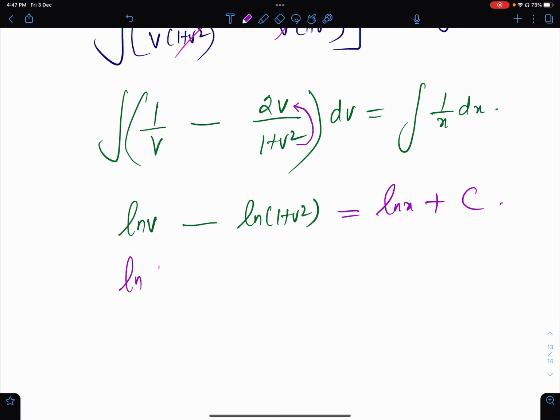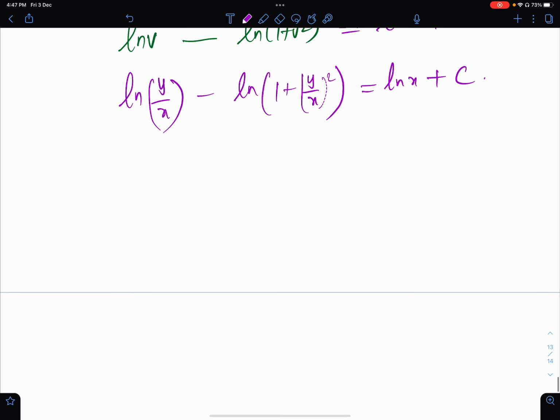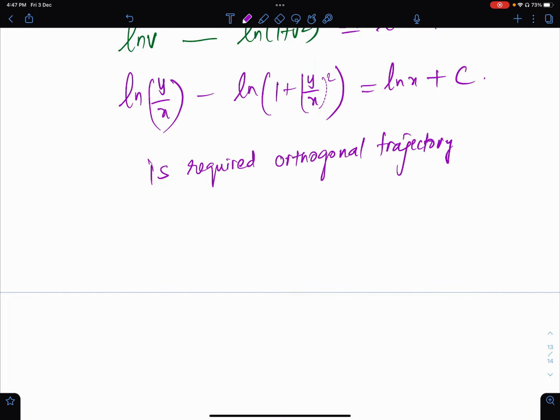The v is y by x. So ln of y by x minus ln of 1 plus y by x whole square equal to ln x plus c. So that's all. This is the required orthogonal trajectory. That's all.